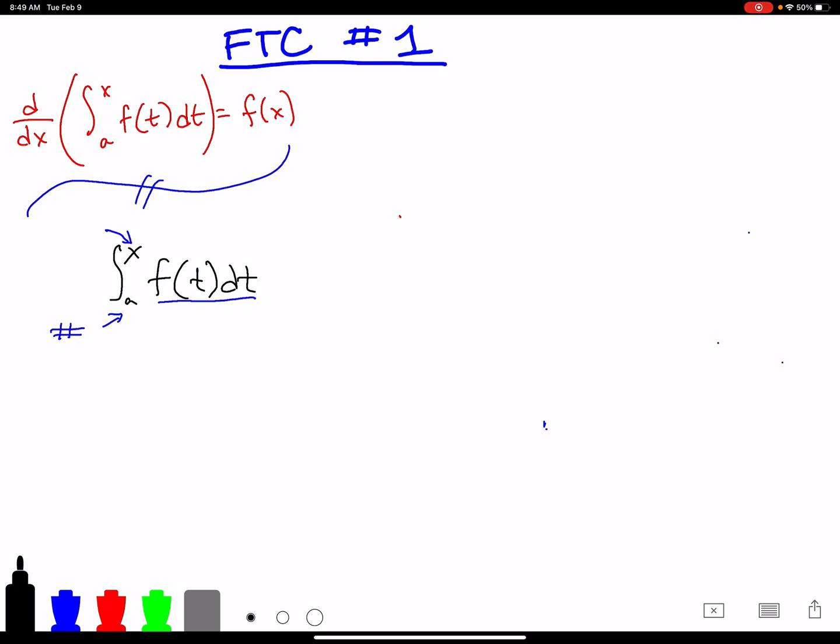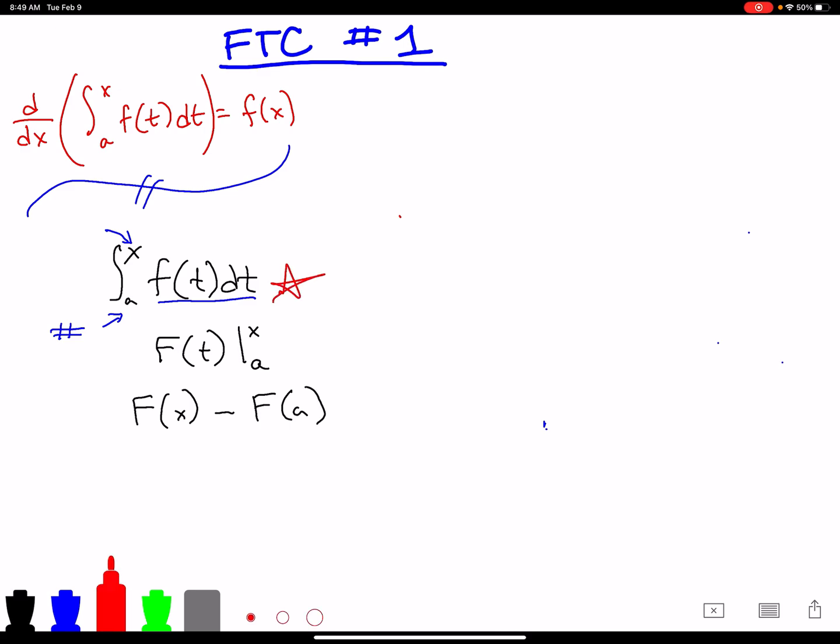So I would find my antiderivative of f of t and plug in our two bounds. Remember, that's our fancy notation. So I'm then going to take my antiderivative of x minus my antiderivative of a, and that would give me this actual defined area.